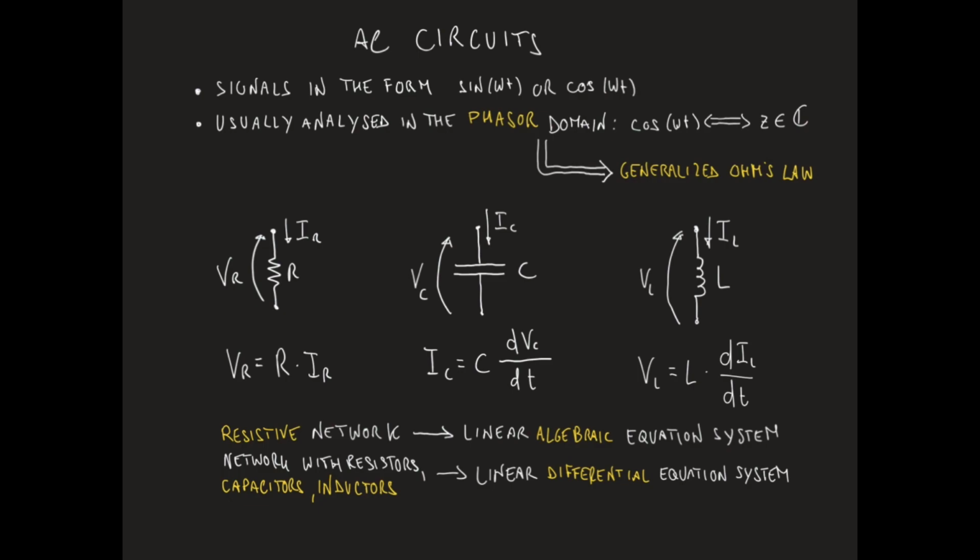In the phasor domain, the current-voltage relationship in capacitors and inductors can be written in algebraic form, as in the case of the resistor. This, as we will see, leads to a strong simplification of circuit analysis.